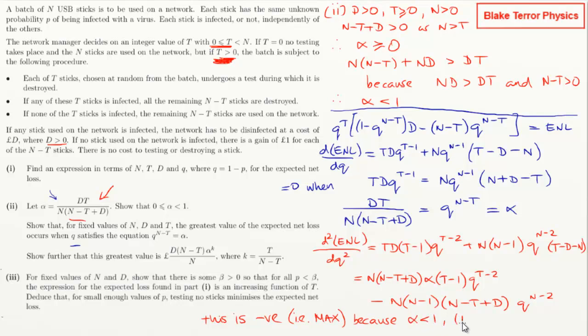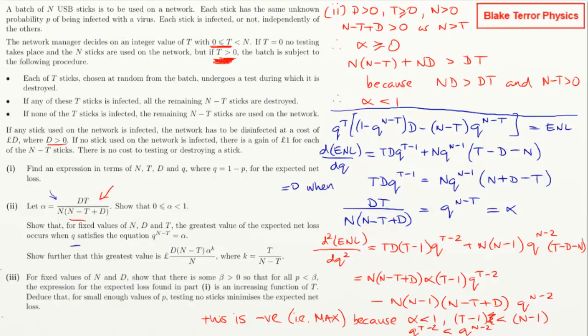We've got the t minus 1 is less than n minus 1. And we've got that q to the t minus 2 is less than q to the n minus 2. So we've just got things that are all smaller in the first term compared to the second term. So overall, that has got to be negative, and we end up with a maximum. Okay, so that's another bit.